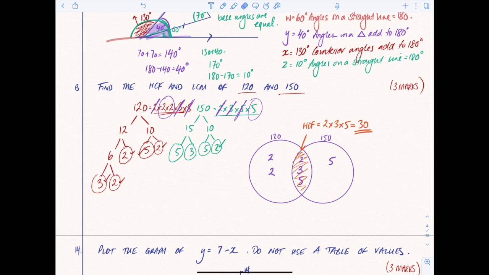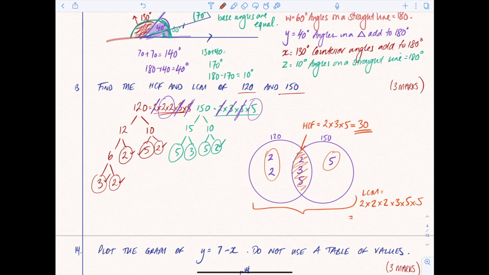And then to find the lowest common multiple, what you're doing is you're multiplying all the numbers in here. Okay, so lowest common multiple is 2 times 2, because they're my two 2s, times 2 times 3 times 5, that's the middle section, and then times that 5 on the outside there.